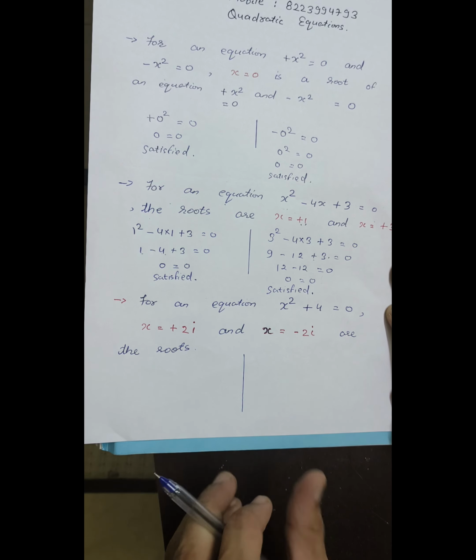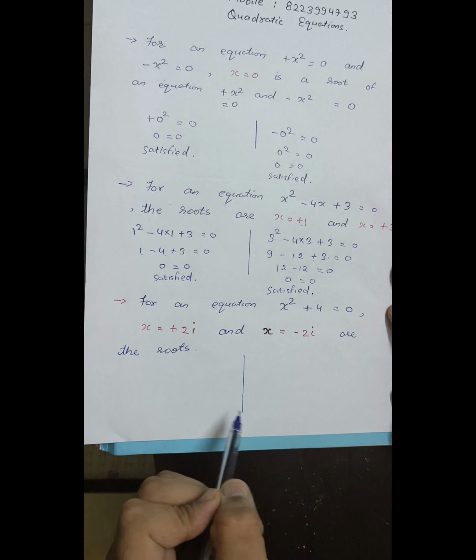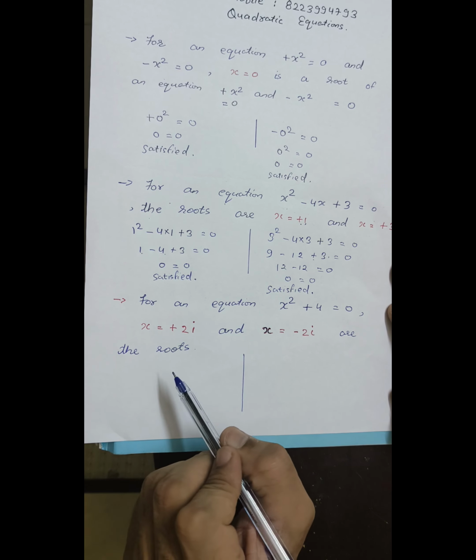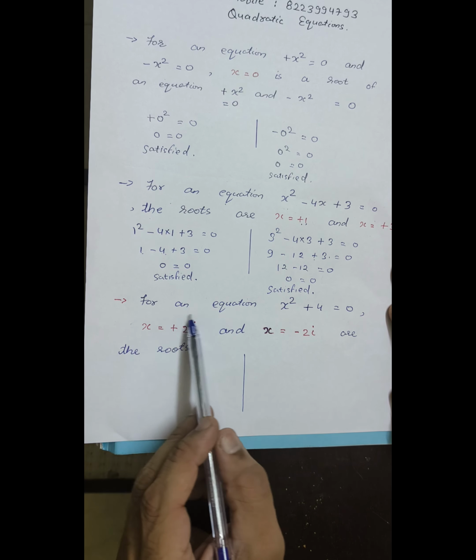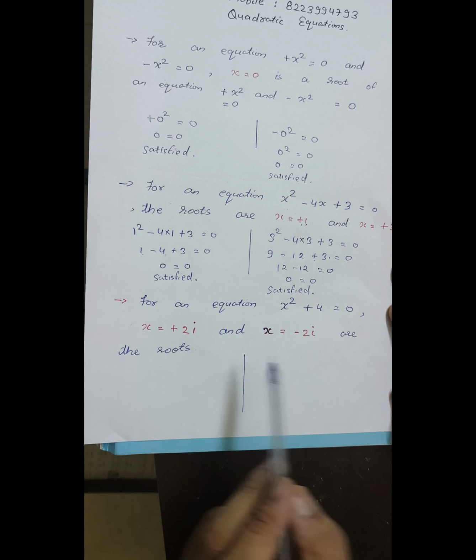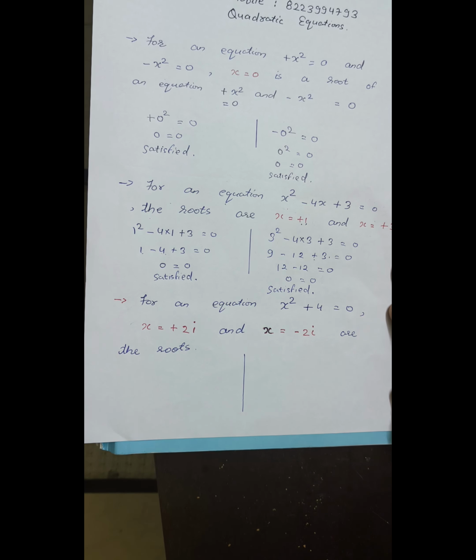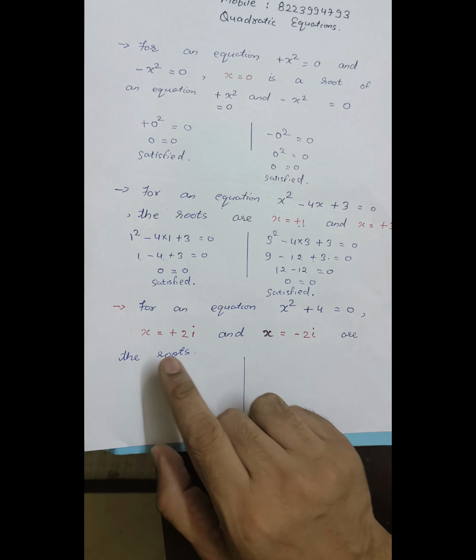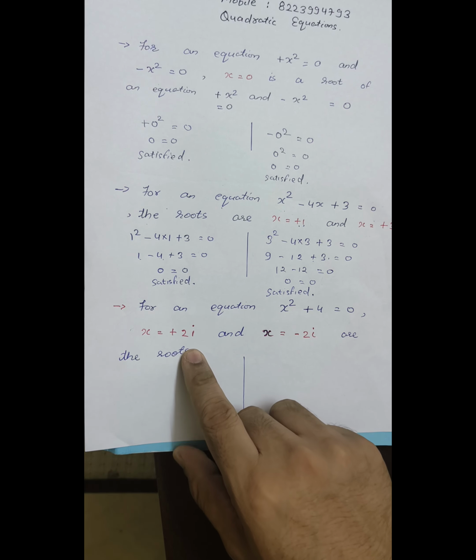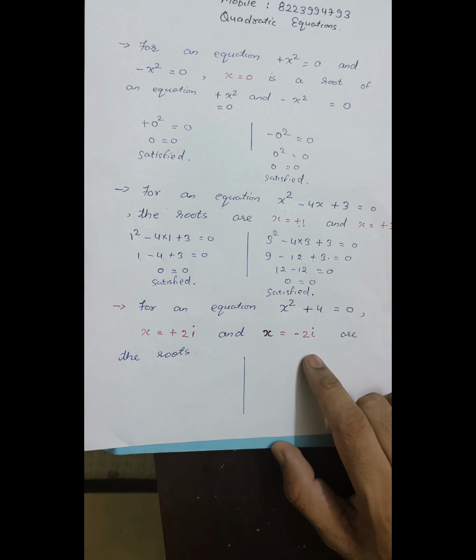One more time. Now x can be real, can be complex. Now I have taken here a complex number. I have taken x equal to plus 2i or x equal to minus 2i.